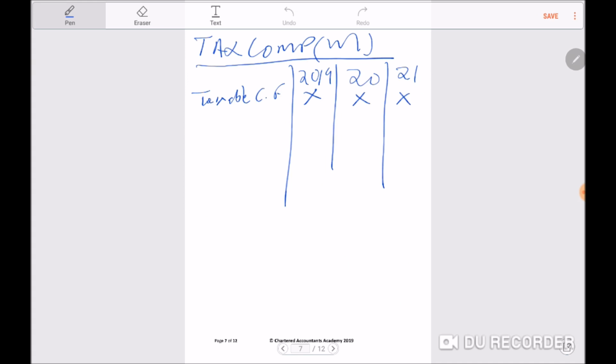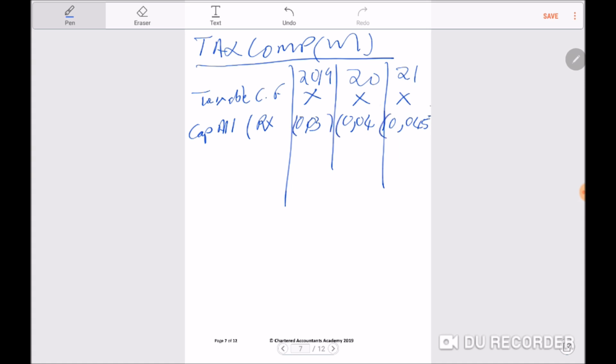So we're just going to get our capital allowances. Capital allowances is going to be revenue times, for 2020 it was 0.03, then it was 0.04, and then it was 0.045. That's our capital allowances. And what do capital allowances do to our taxable cash flows? They reduce.